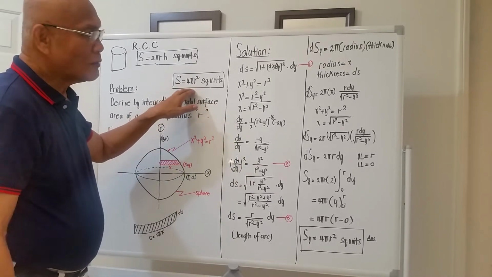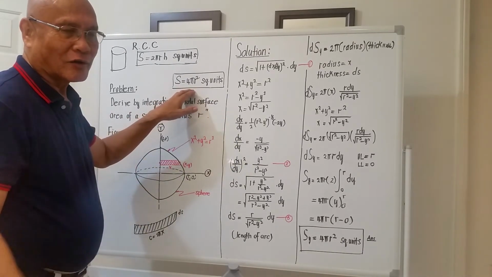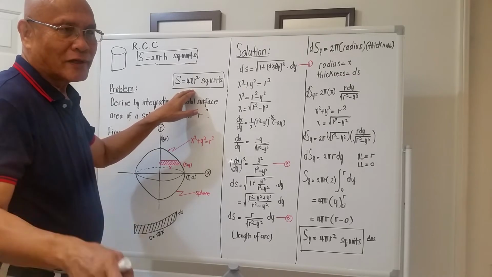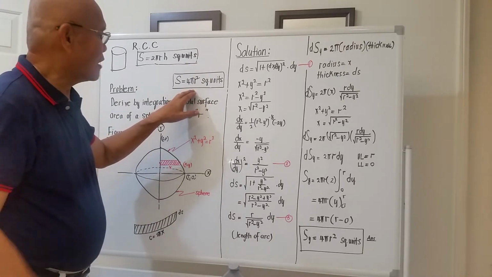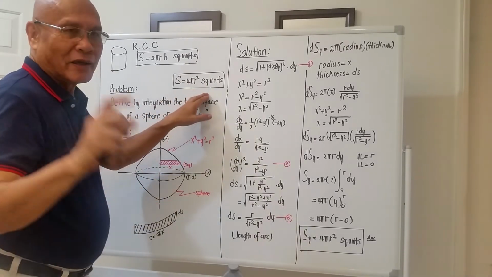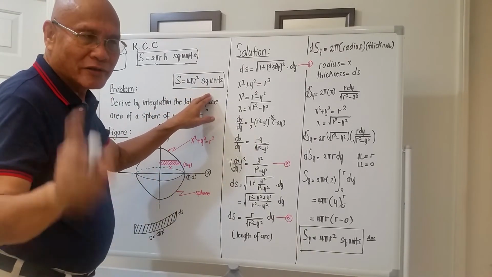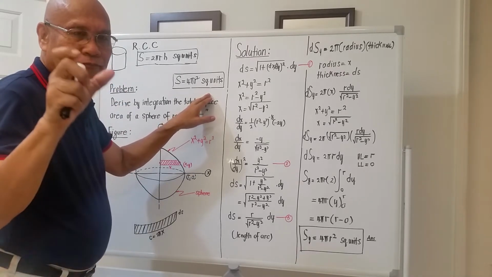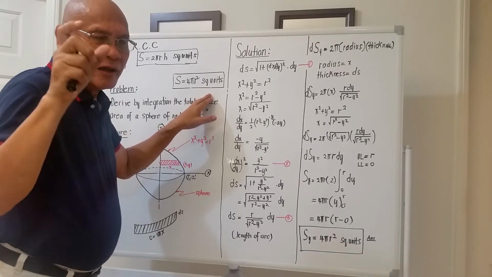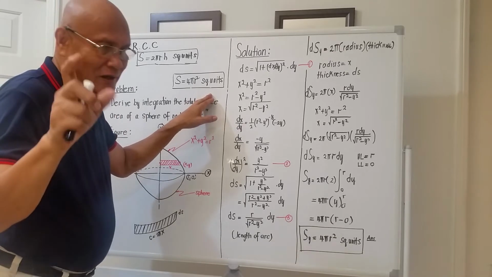Actually, this formula was derived by using integral calculus. The formula for taking the total surface area of a sphere under lower mathematics is actually 4 pi r squared square units, and that originated from integral calculus. It was derived using integral calculus.